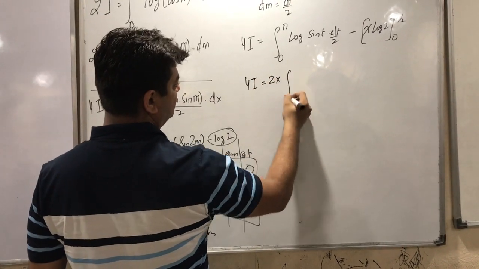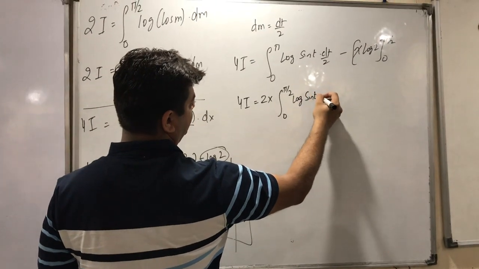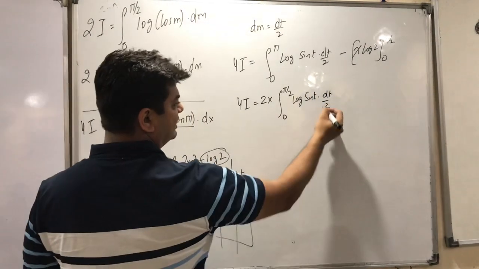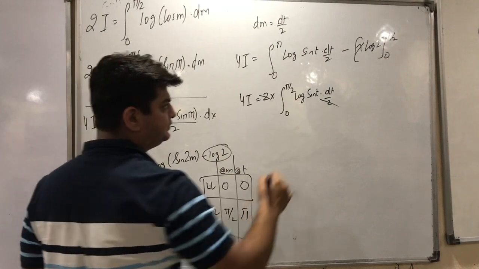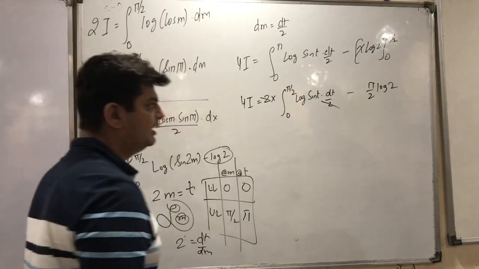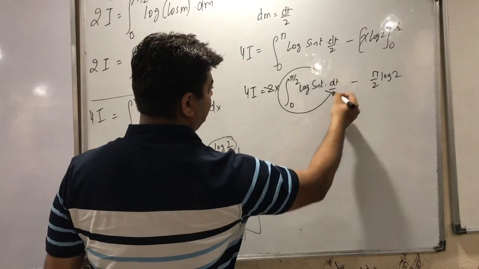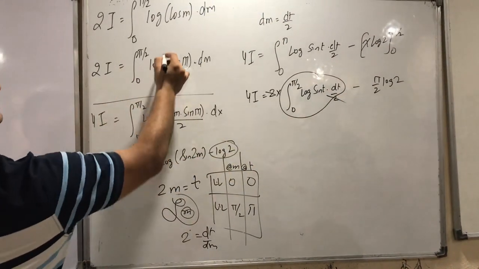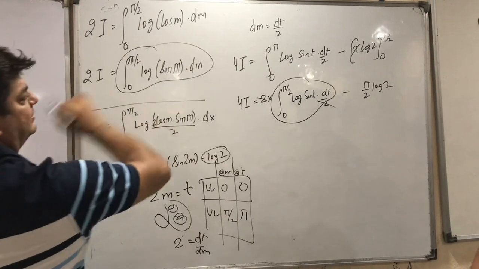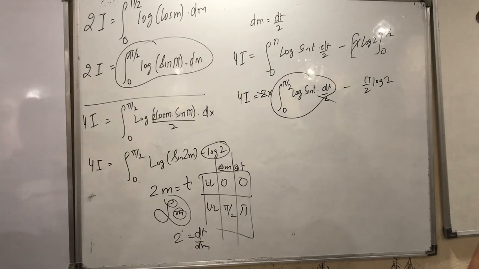So I can write 2 times 0 to half log sine t dt by 2. That 2 gets cancelled. Yes, sir. Minus pi by 2 log 2 if I apply the limit. Shivansh, do you see I have the same content log sine t as I had here. Yes, sir. Only m and t, as they are just the variables, right?